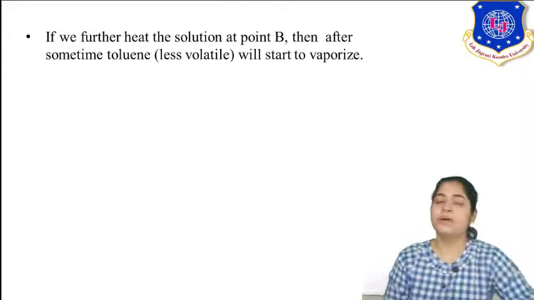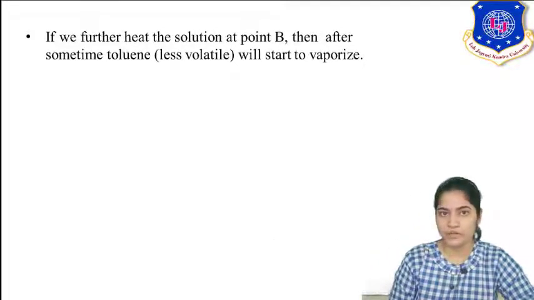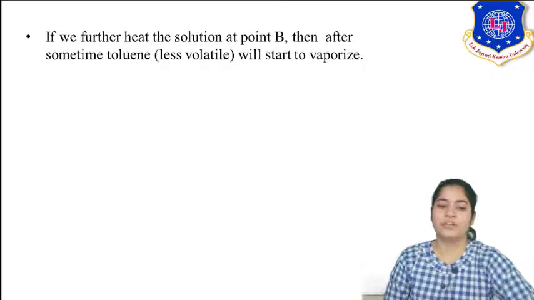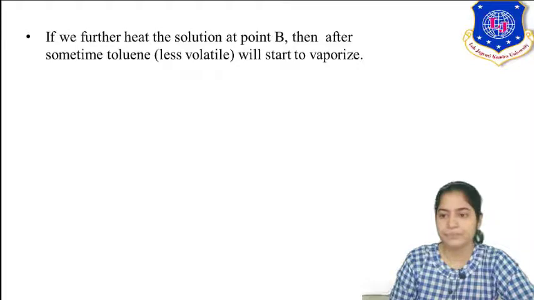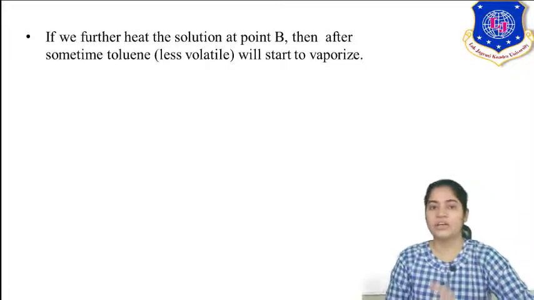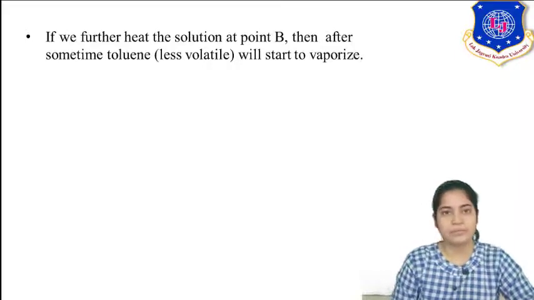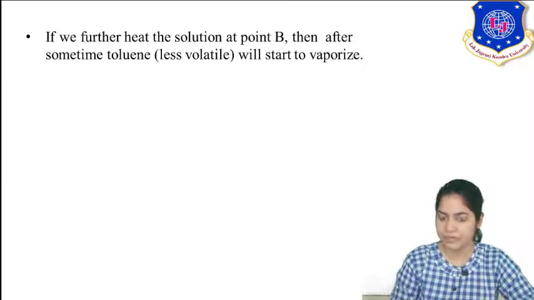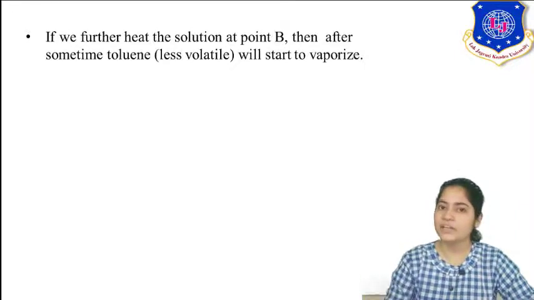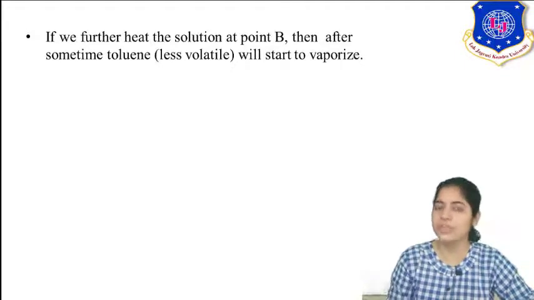So that was about heating liquid to vapor. Now further, if we heat the solution at point B, then after some time toluene will start to vaporize. I am continuously heating. My more volatile component, that is benzene, is separating out, vaporizing. But now toluene is also present. As I am continuing the heating, I am increasing the temperature. After some point toluene will also get some of the energy and it will start to vaporize.